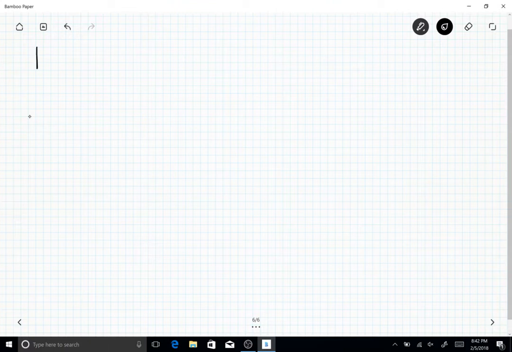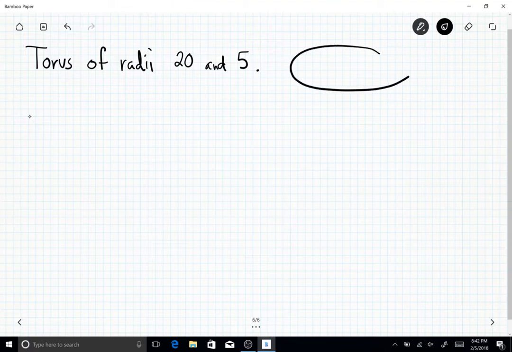But so let's say we have a torus of radii, let's say 20 and 5. So what does that look like first off? It's a donut, essentially. And don't let your eyes fool you, this is a perfect circle here.